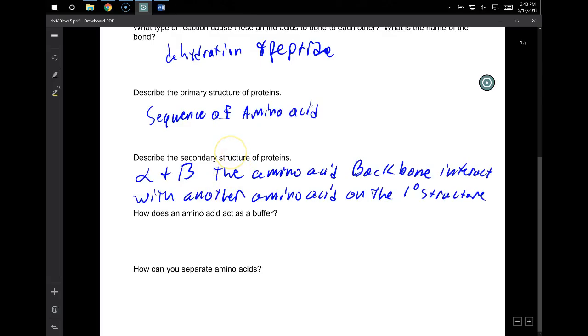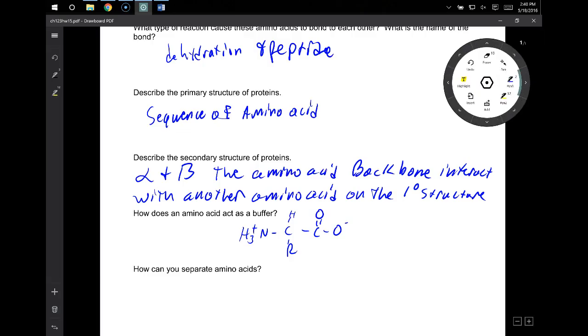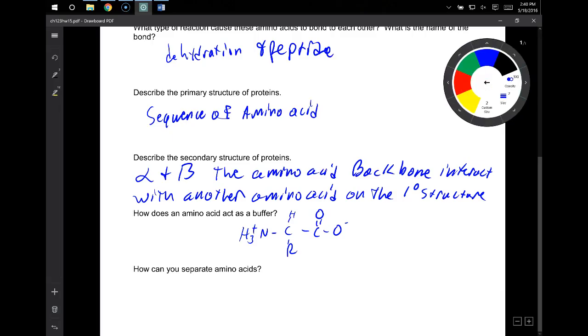Odd. How does an amino acid act like a buffer? So in this case, I can, how do I change pens?